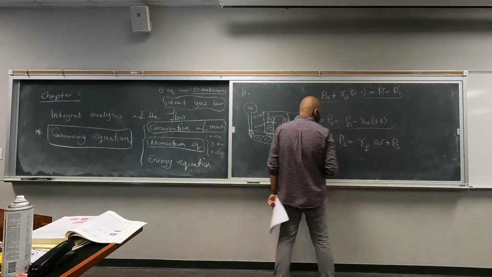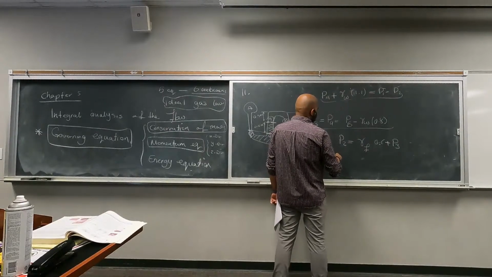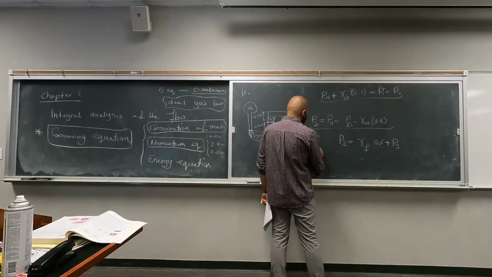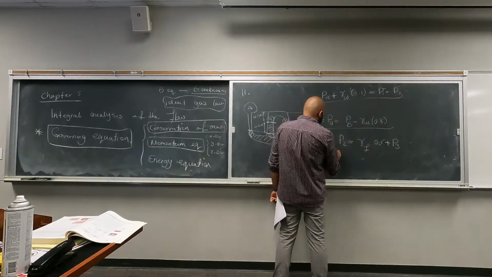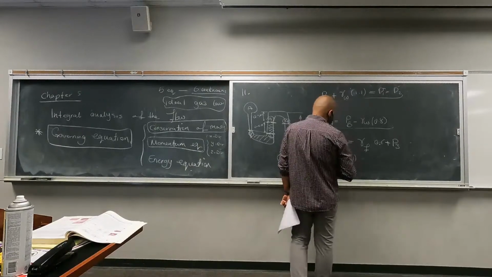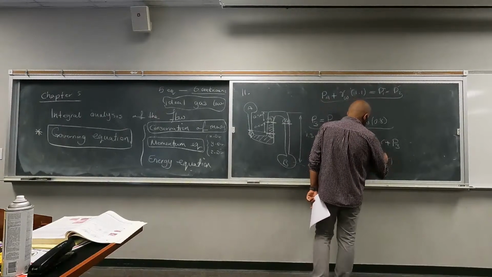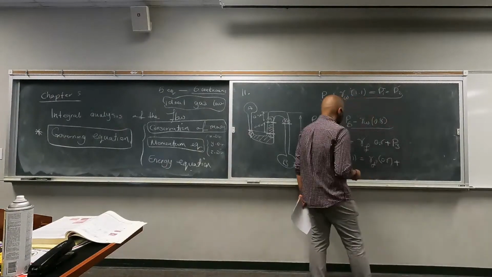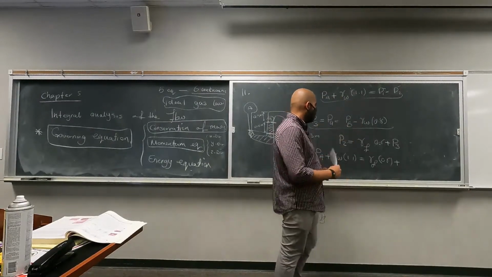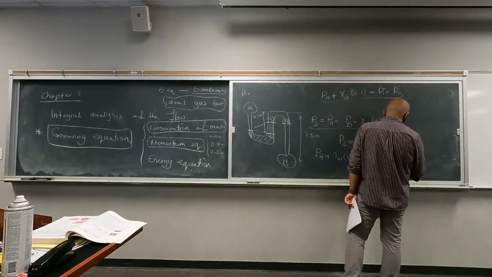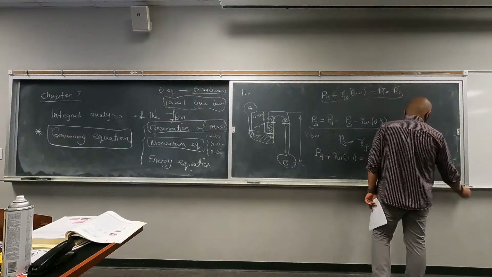Let's plug that in. Let's put P2 first. P2 is going to be PA plus gamma of water, 1.1, right? It is equal to gamma of fluid multiplied by 0.6 plus P3, which is PB minus gamma of water, 0.8.